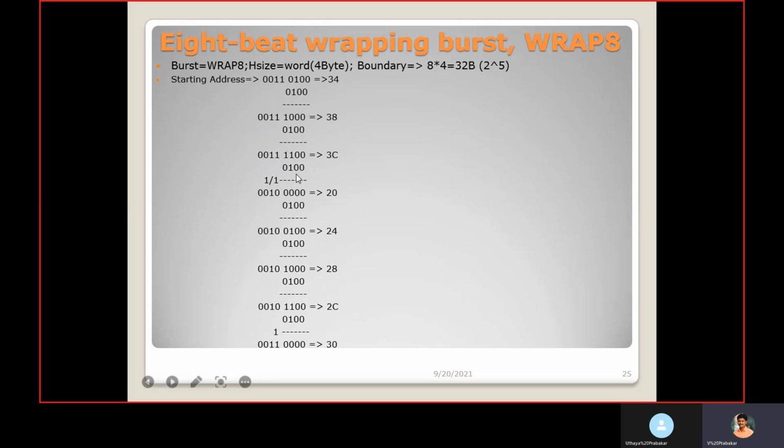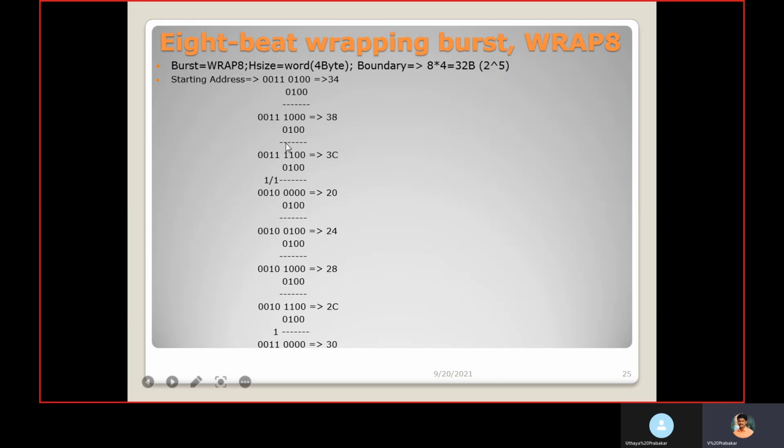Again we are adding 4. Here 1 1 plus 1 gives 1 0 0. Here one more bit 1 is there. This one we can add because, as I already said, we can support 5 bits.